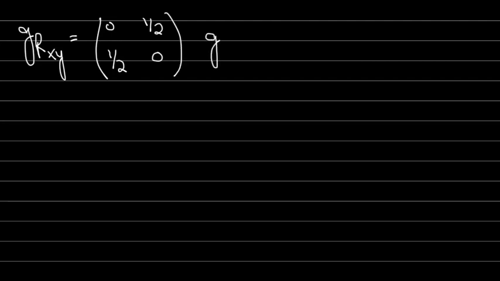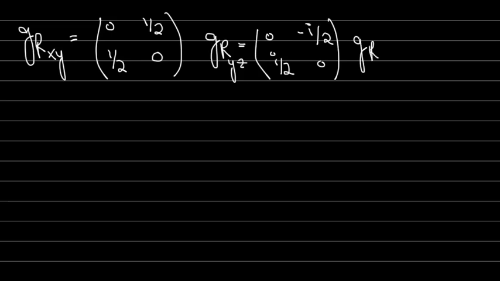The other one is G_RYZ, which is 0, negative iota over 2, iota over 2, 0. And lastly, we have G_RZX, which is equal to 1 half, 0, 0, minus 1 half.